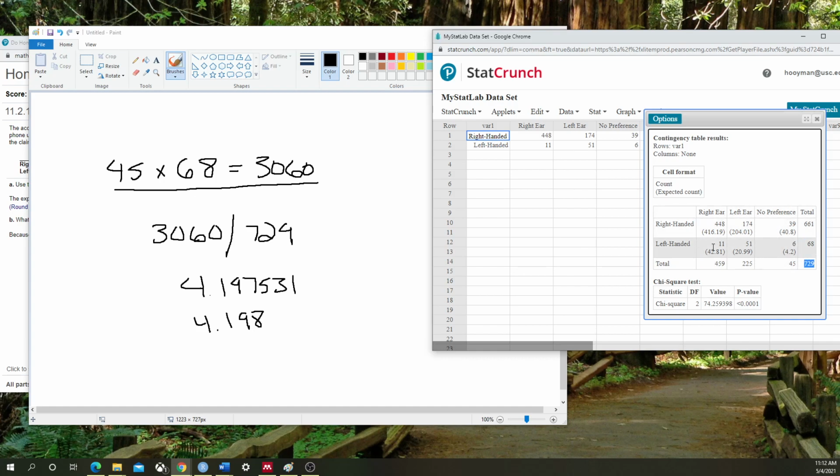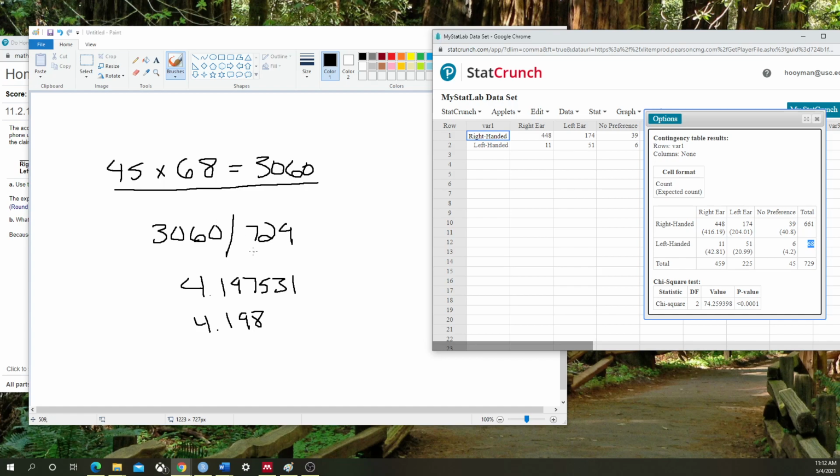This simple math tells me: if I have this as the total of the column and this as the total of the row, and I divide that by the total number of observations, it gives me what the expected value would be. It's pretty simple and straightforward. So first I take the total of the column, multiply it by the total of the row, and I get 3060.